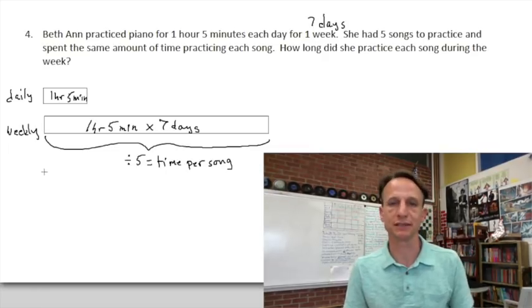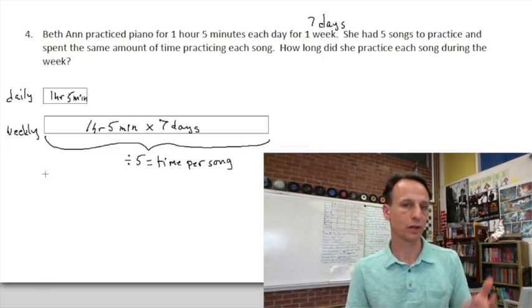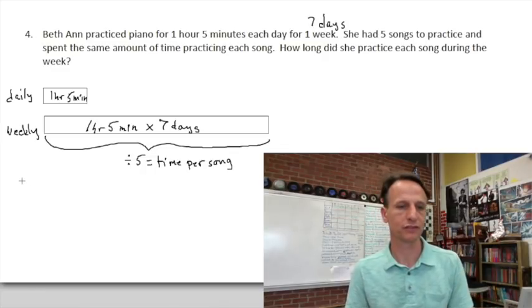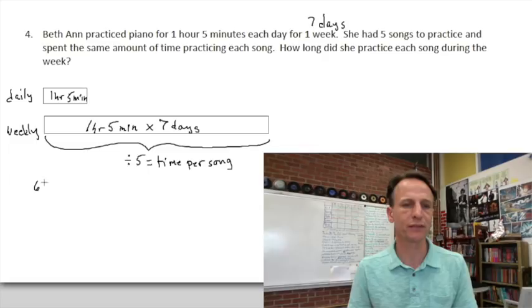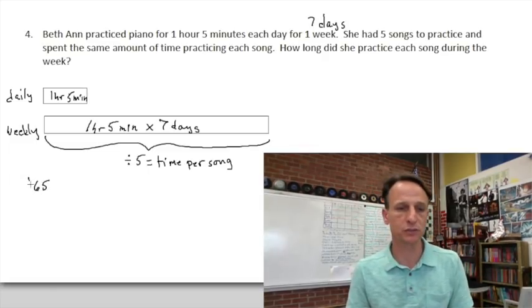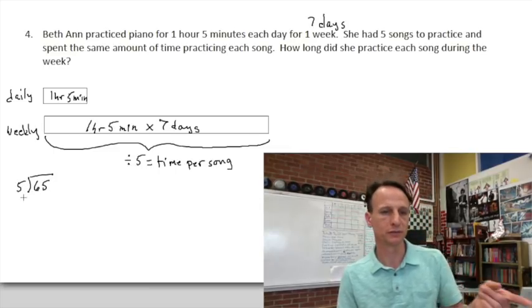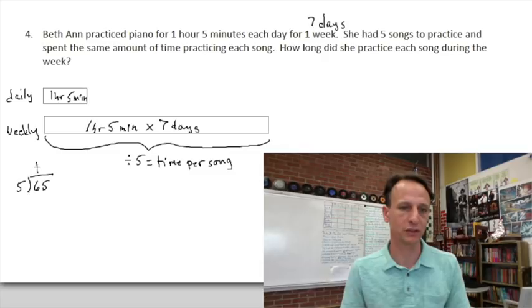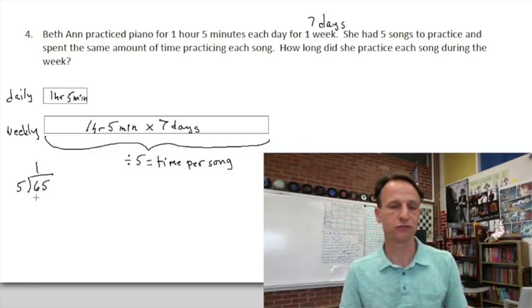Okay, so let's take her daily practice, the hour 5 minutes. How many minutes is that? All right, an hour is 60 minutes and 5 minutes more, 65 minutes. So if we take those 65 minutes daily and divide it amongst the 5 songs she's practicing, and literally divide it as well, mathematically and in her practice time, well, how many 5s in 6? Remember this? Remember division? There's 1, because 1 times 5 is 5.